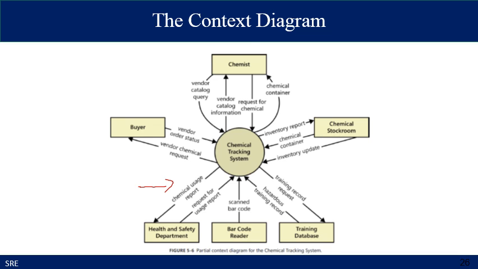As you can see, major stakeholders and users and entities which interact with the system are identified and their relationship is specified. You can go through the details of this context diagram by yourself, which will help you to identify the partial context diagrams in the typical chemical tracking system.